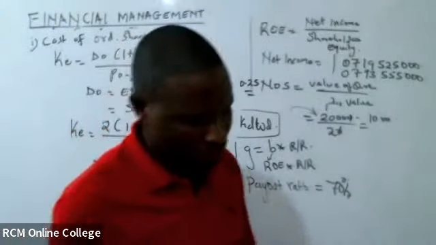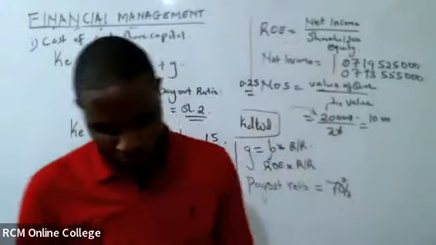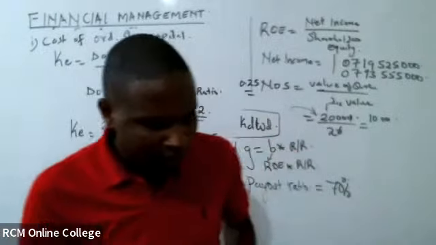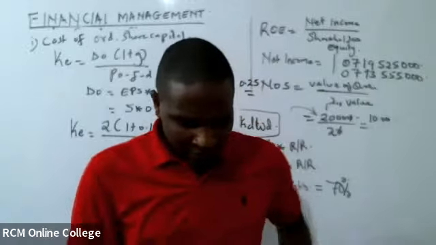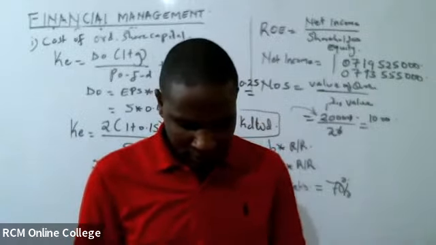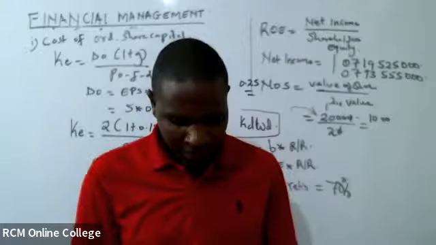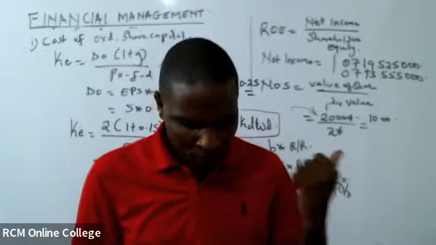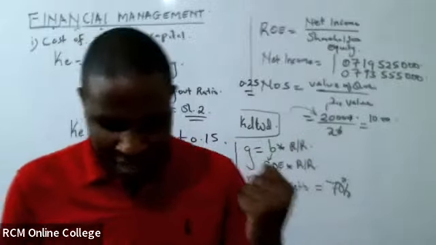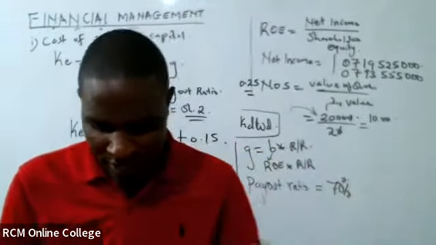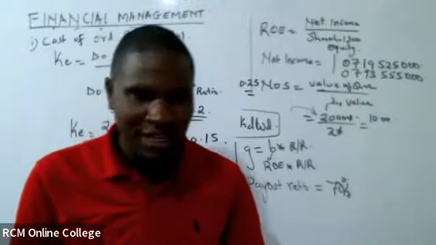Just look at the additional information. Tell me, redeemable or irredeemable? Let us understand. Additional information number 4: the existing 10% debenture is currently trading at 110 of par at the security exchange.